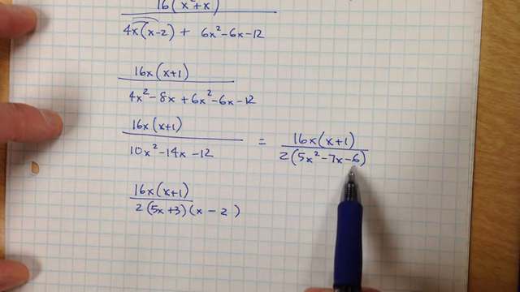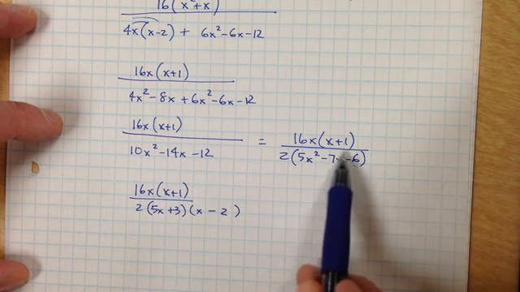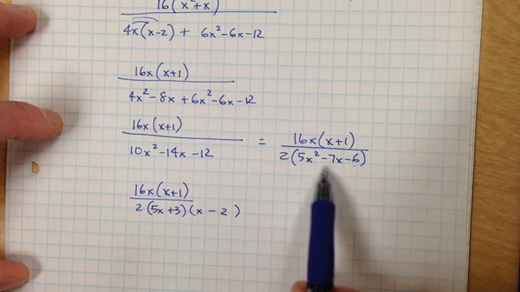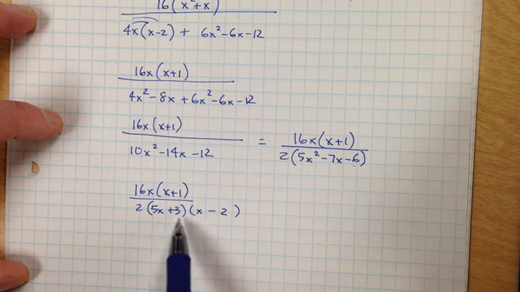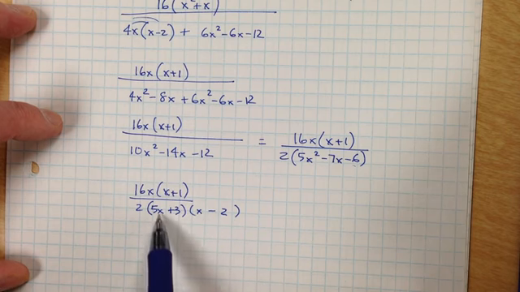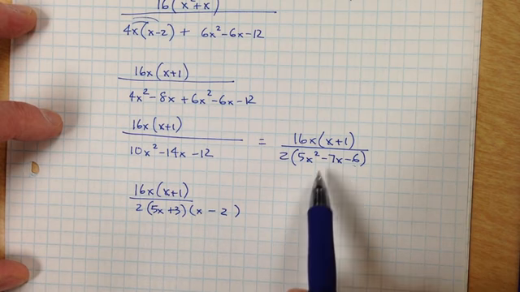The back is negative 6. Now we need to check this middle term with the outside and the inside. So 5x times 2, negative 10x, positive 3. So negative 10x and positive 3x does give me that.